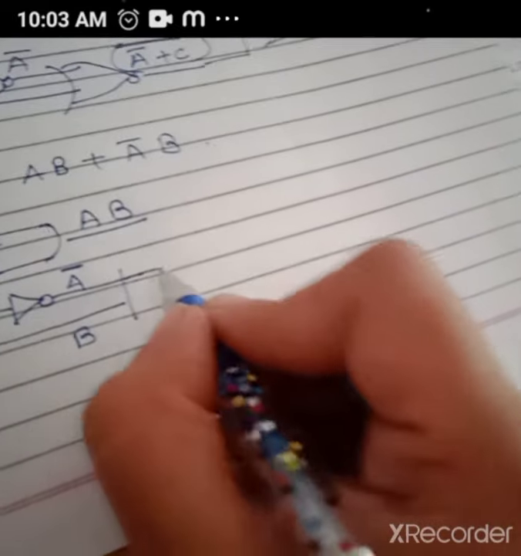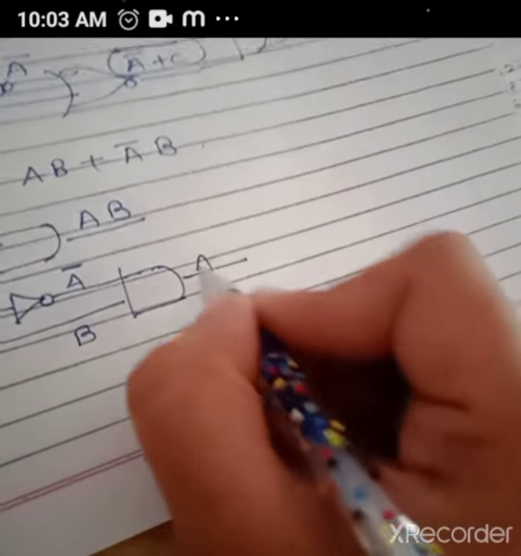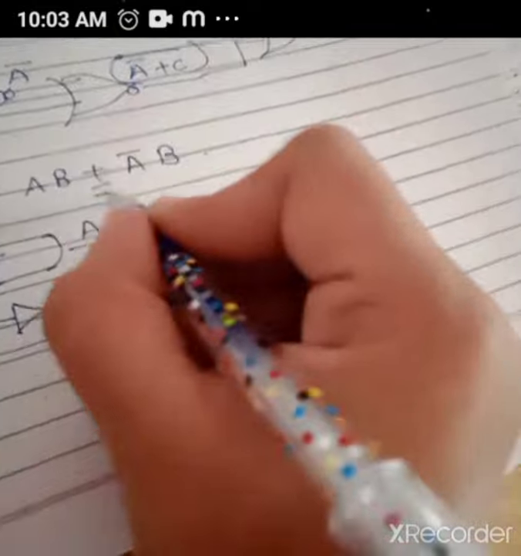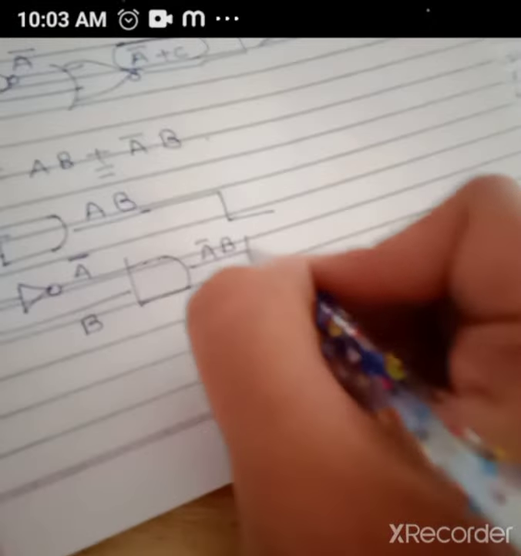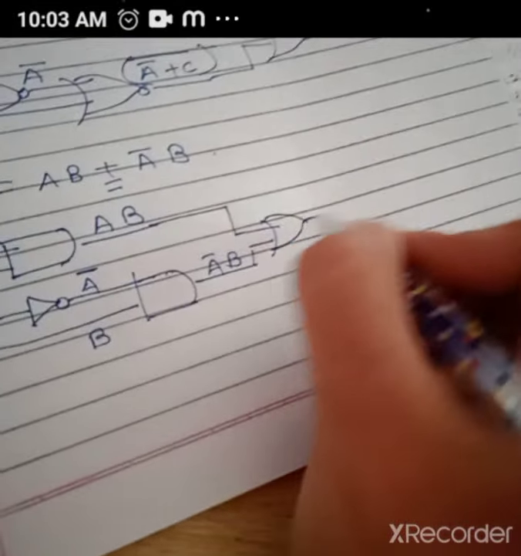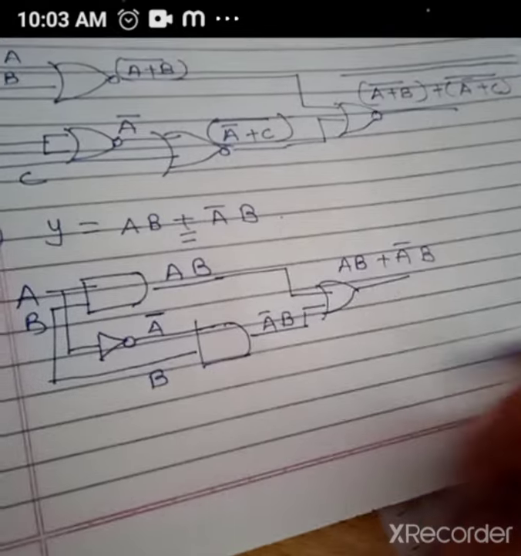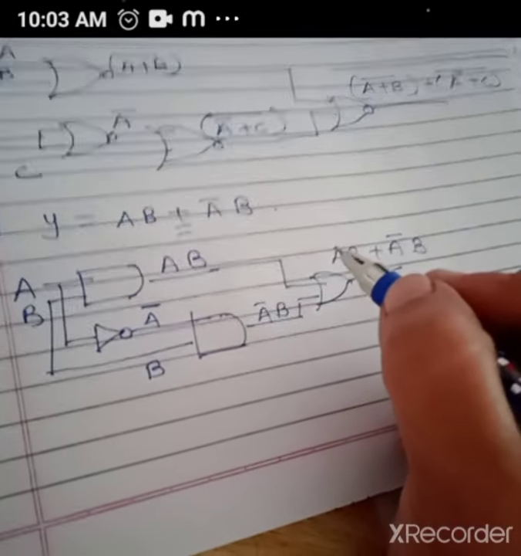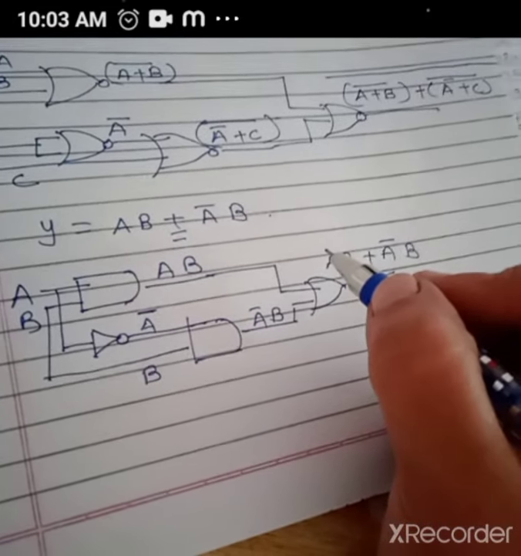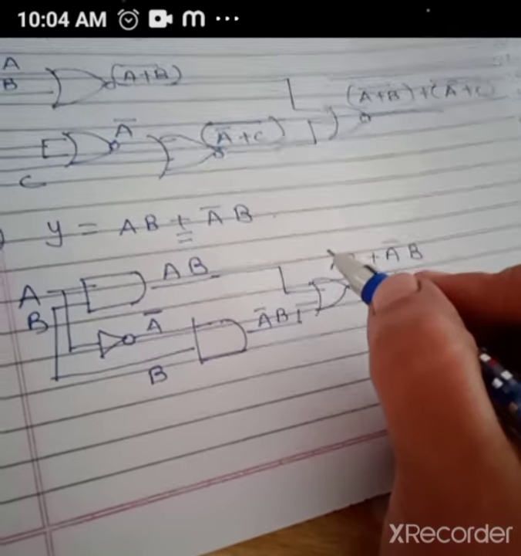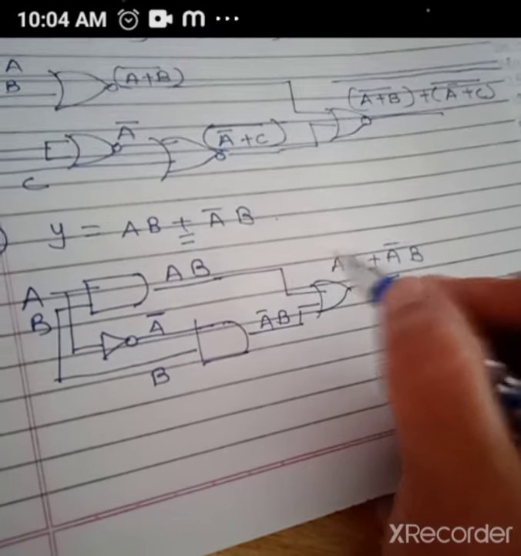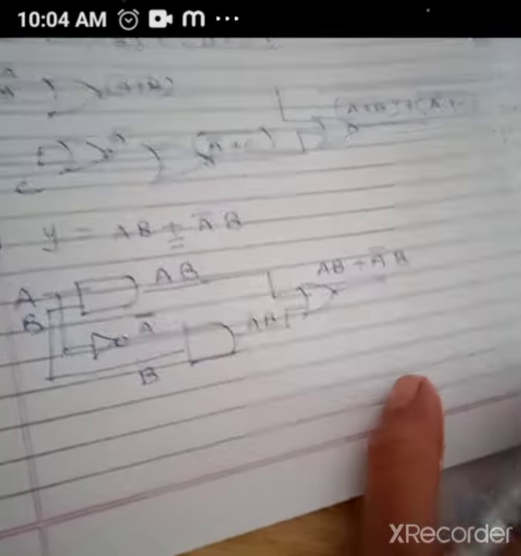Here also an AND gate, a bar b, and here addition is given, so combine this with OR. This will give you ab plus a bar b. For this question, draw the logical diagram only, that much is given. No need to implement with NAND and NOR. Right? Practice these equations.